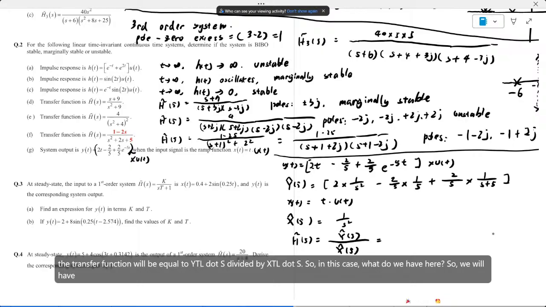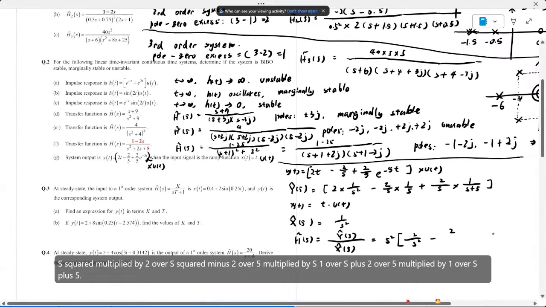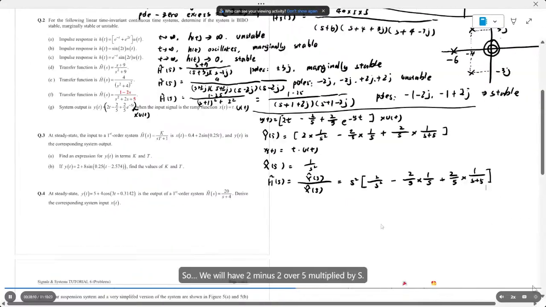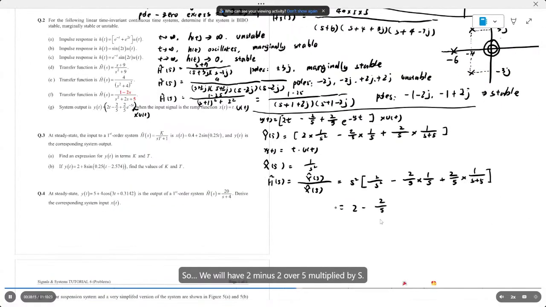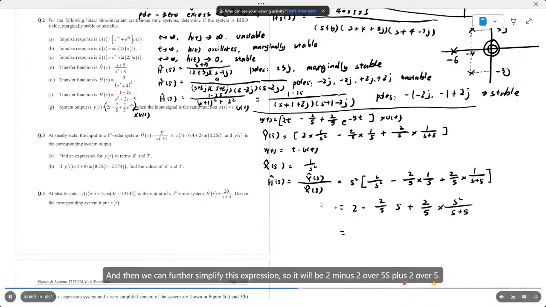So in this case, what do we have here? So we will have s squared multiplied by 2 over s squared minus 2 over 5 multiplied by 1 over s plus 2 over 5 multiplied by 1 over s plus 5. So we will have 2 minus 2 over 5 multiplied by s plus 2 over 5 multiplied by s squared over s plus 5. And then we can further simplify this expression.